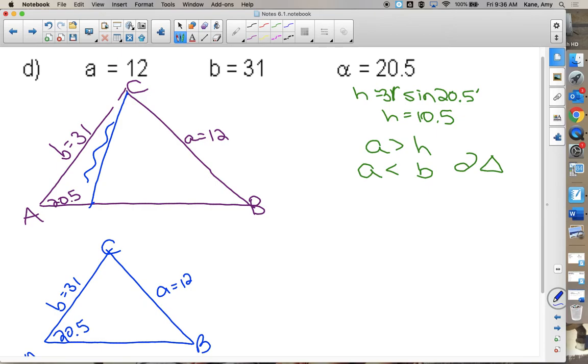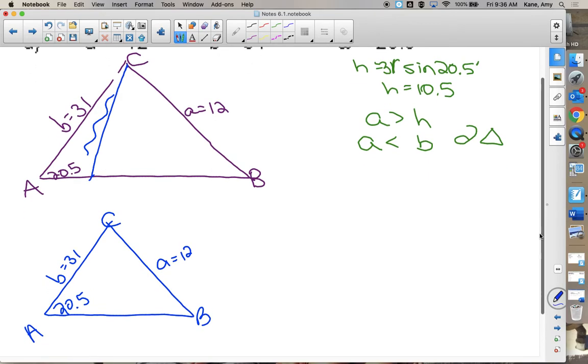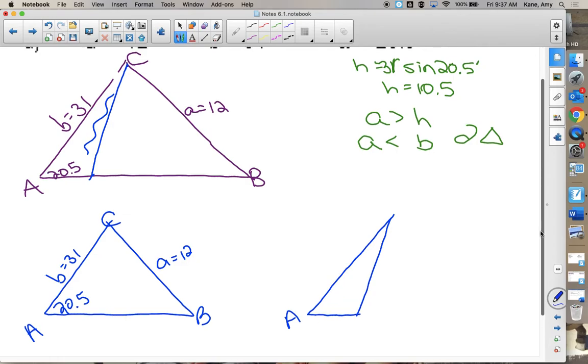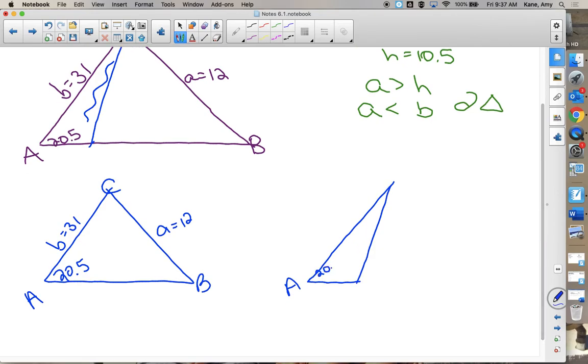So I'm going to look at that little triangle on the side, and I'm going to draw it separately, except that's not very straight. That's better. So I'm looking still at the triangle that has angle A, because that's the angle they have in common. That's the angle that's creating these triangles. So here's 20.5.